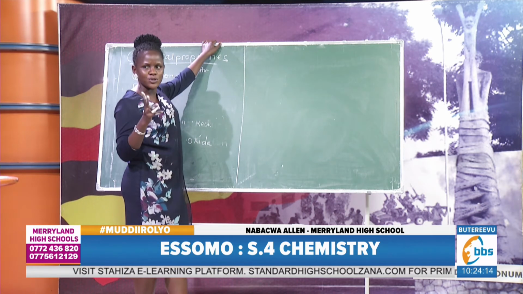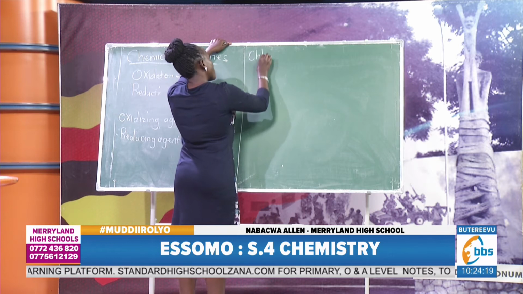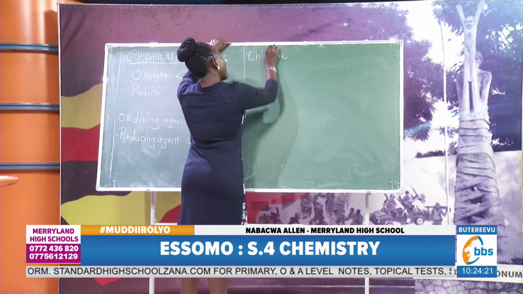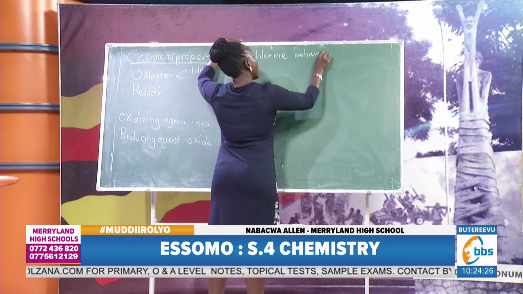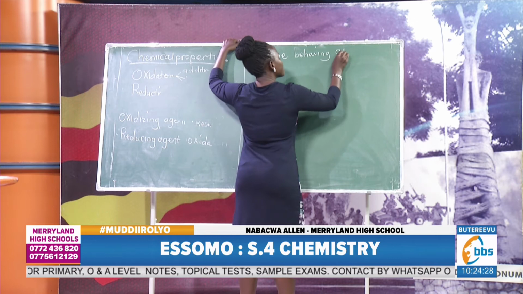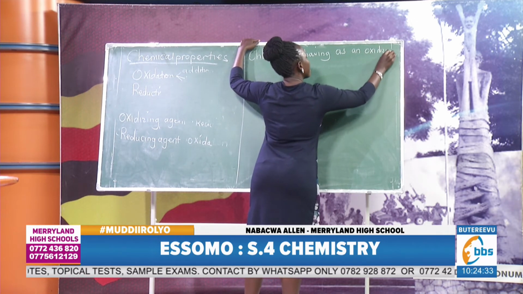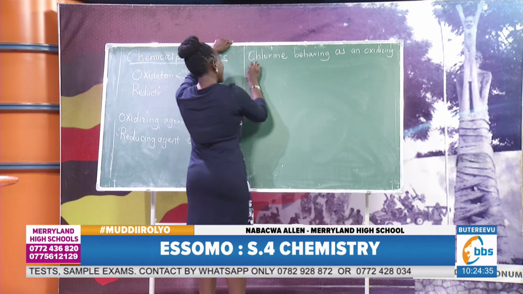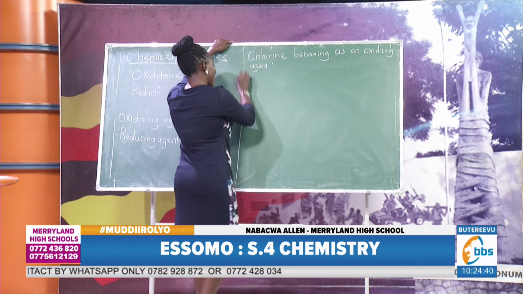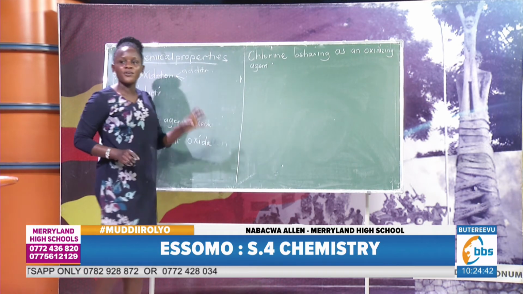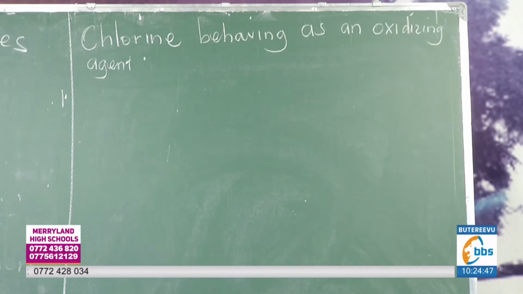When chlorine is behaving as an oxidizing agent, I'll look at one: when chlorine gas is bubbled through salts of iron 2.